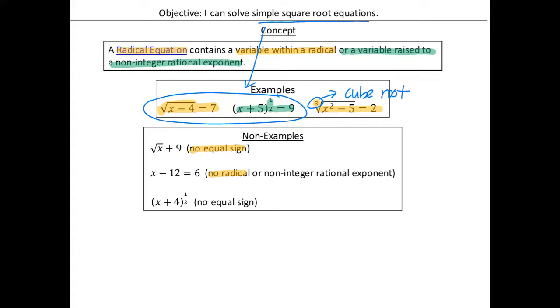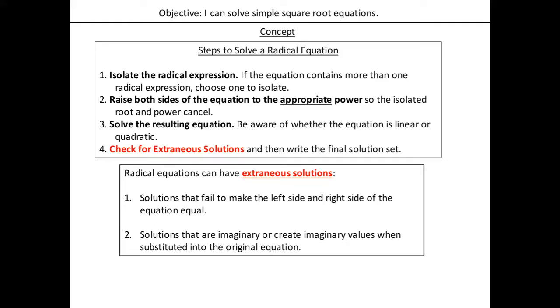The last one, again, there's no equal sign, so it's not an equation, it's just an expression. So in order for it to be a radical, the variable has to be under the square root, and in order for it to be an equation, I need to have an equal sign.